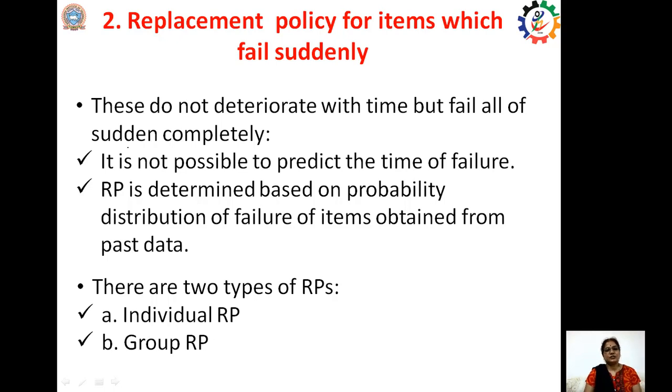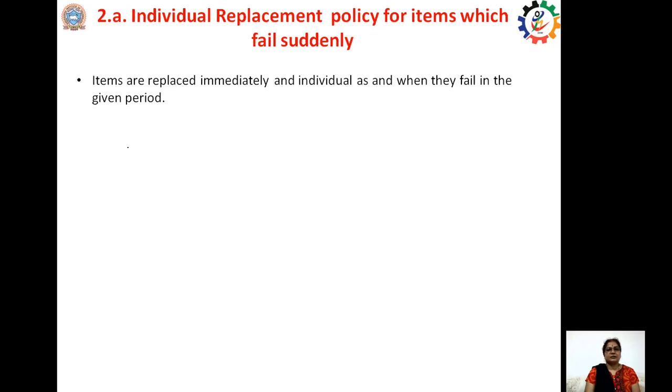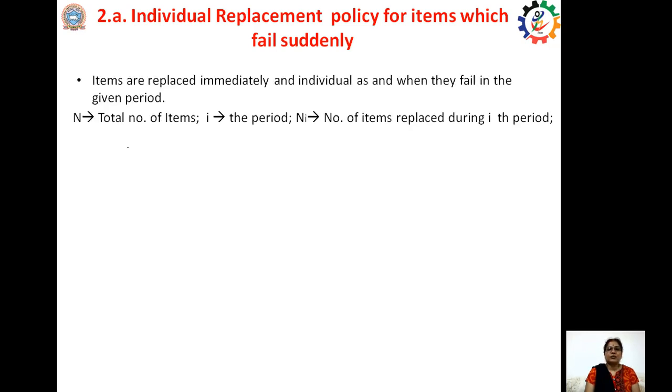Once again, there are two types: individual replacement policy, IRP, and group replacement policy, GRP. Supposing group replacement policy says all the resistors have to be replaced once a year, every 12 months.